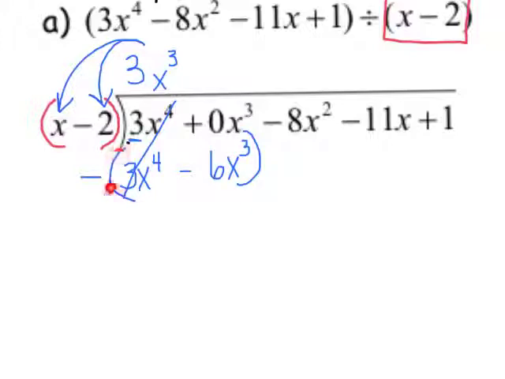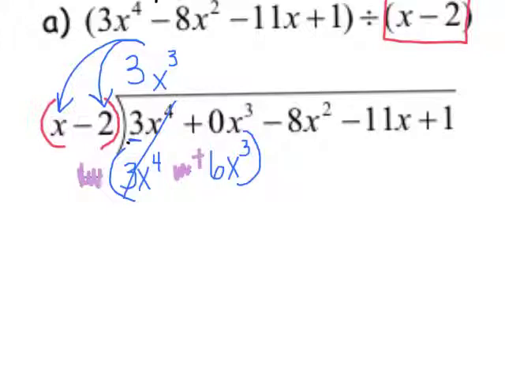Again, I put this in parentheses so that the minus sign distributes. You cannot forget to do that distribution. Some people like to cross it off here and say minus the negative really makes plus. If you want to do that each time, you can.